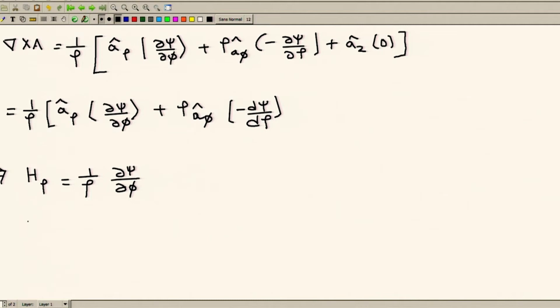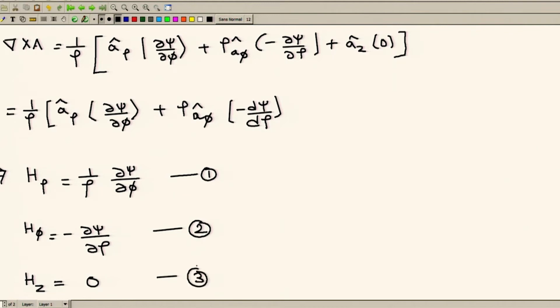Then H phi will be minus of del psi upon del rho, and Hz will be 0. Okay. So let us denote these equations as equation number 1, this is 2, and this is 3.